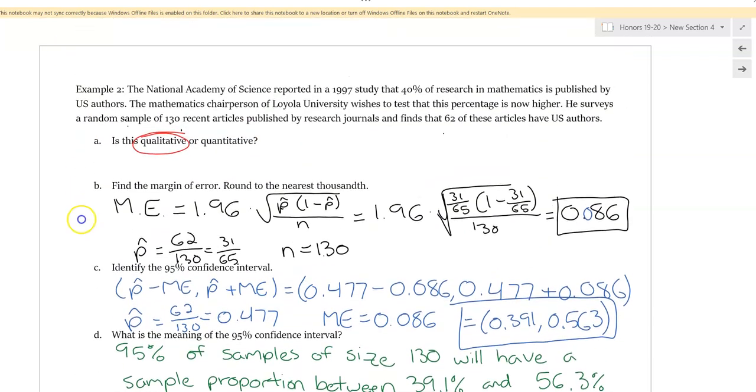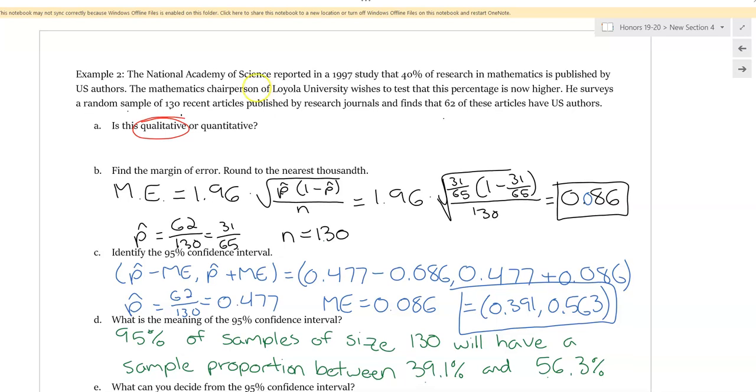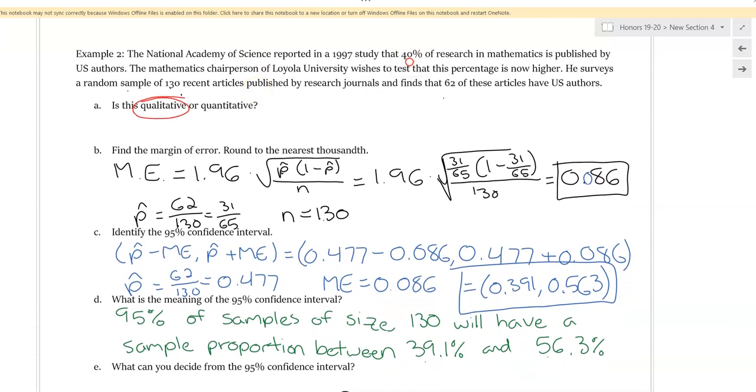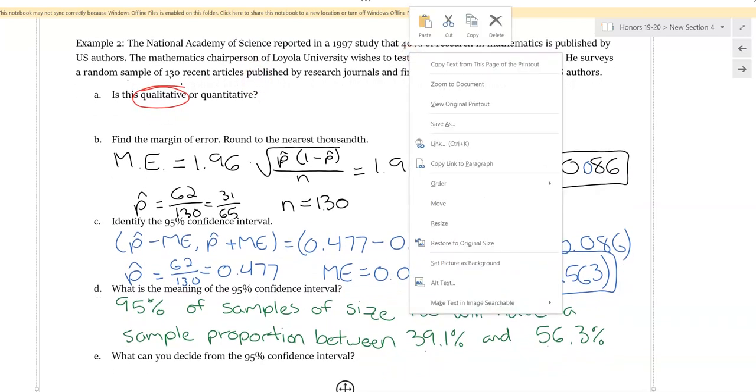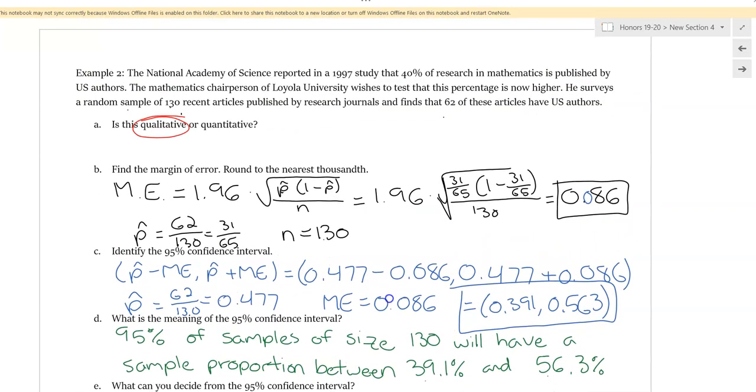So what can we decide from this? Well, the National Academy of Science reported that 40% of research is published by U.S. authors, and 40% does fall in this.